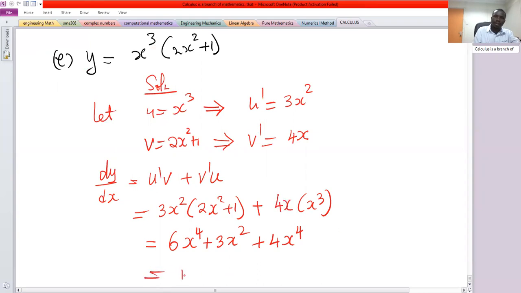So this will be 10x power 4 plus 3x power 2. So that is the solution to part E.